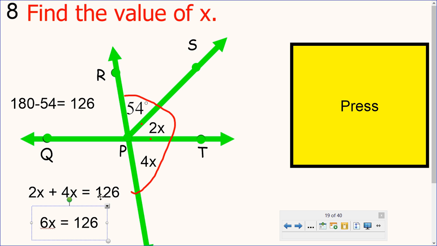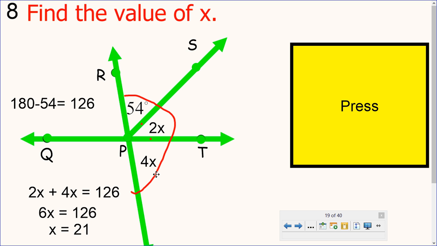So now all I have to do is solve this equation for x. Well, if I divide both sides by 6, x will equal, looks like, 21. So x is equal to 21, which is what they wanted us to solve for.